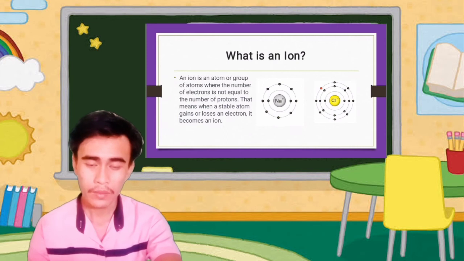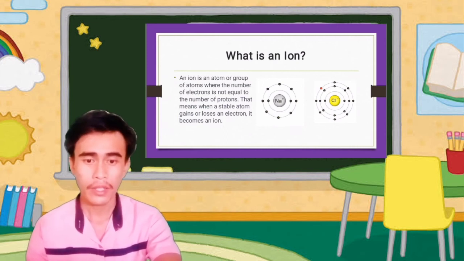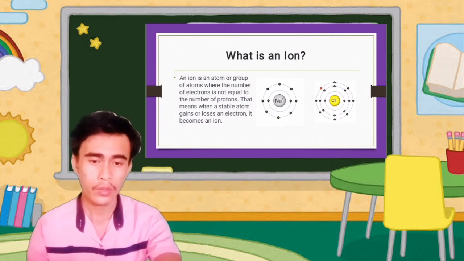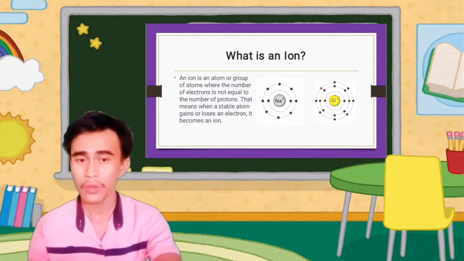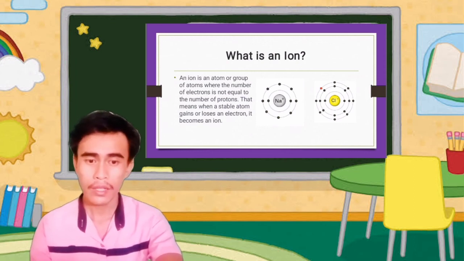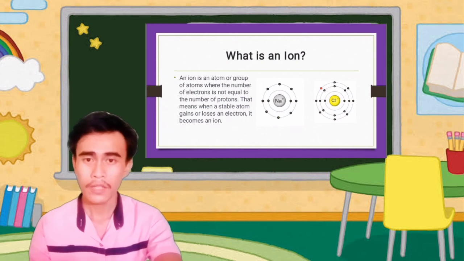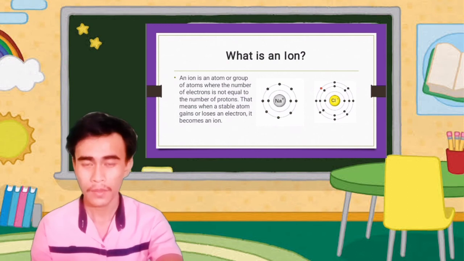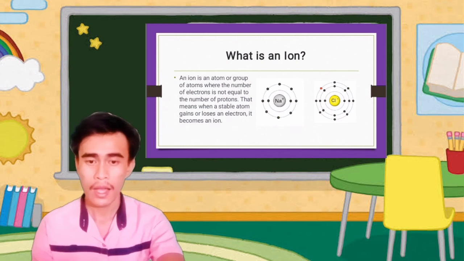Because of that transfer, the electron becomes more dominant in the chlorine since it gained an electron, so it becomes the negative pole. And the sodium, since it transferred, lost electrons, so the positive charge becomes more dominant. That is what we call an ion.